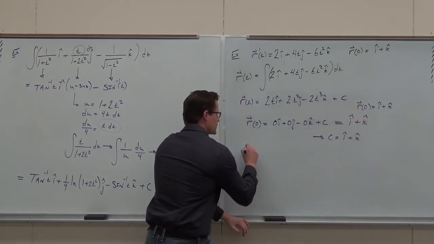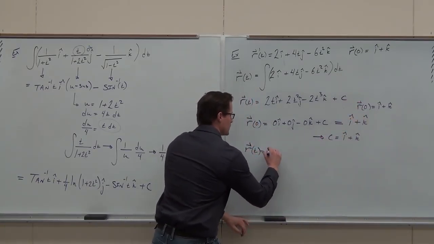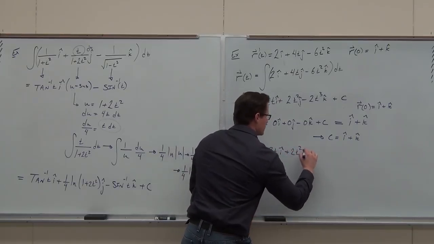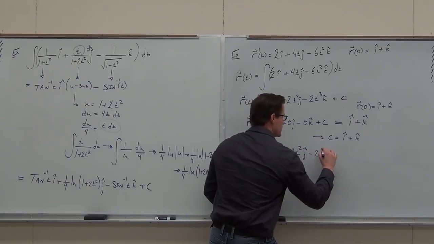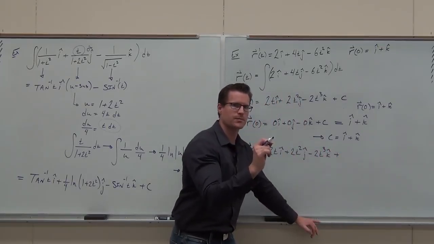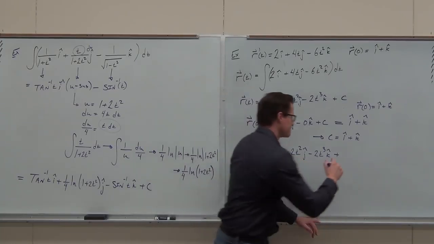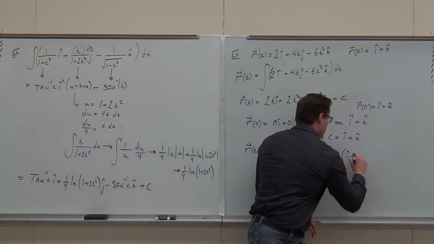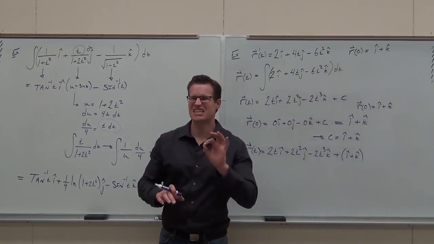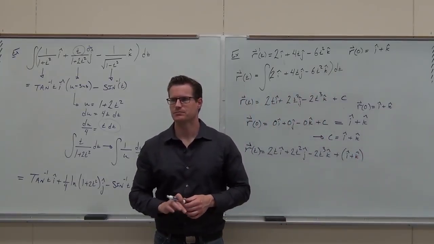So our vector function now becomes 2ti plus 2 square root of t j minus 2t cubed k plus c, which is i plus k.